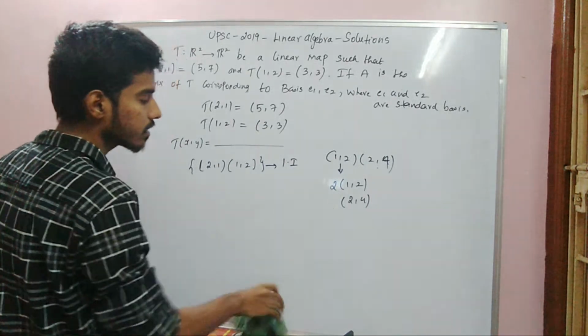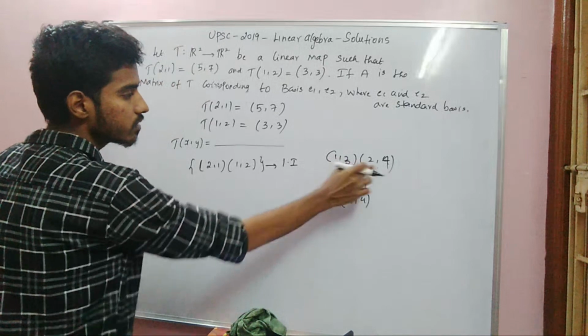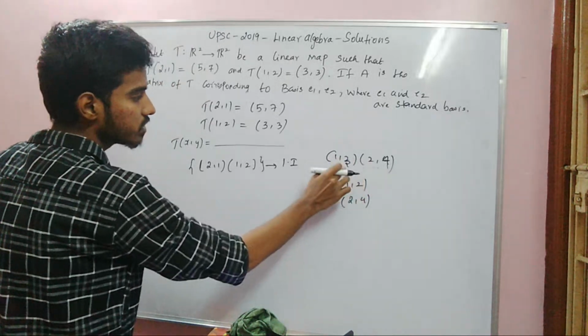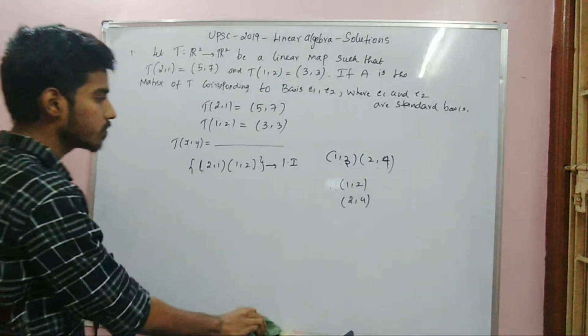But if I have (1, 3), you cannot get that vector from the other by any scalar multiplication.